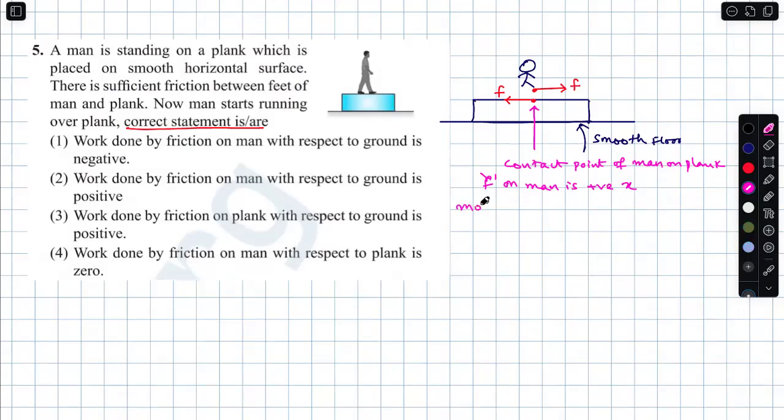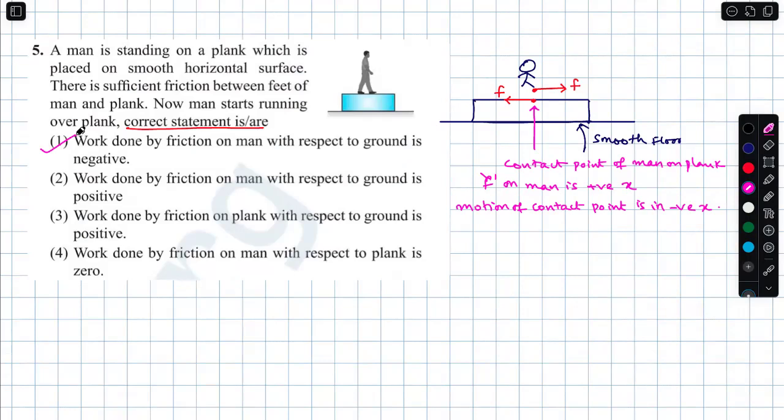Motion of contact point: what is the direction of motion of the contact point? It is in the negative X direction. So therefore, work done by friction on man with respect to ground is negative.